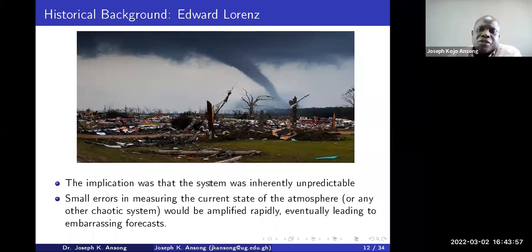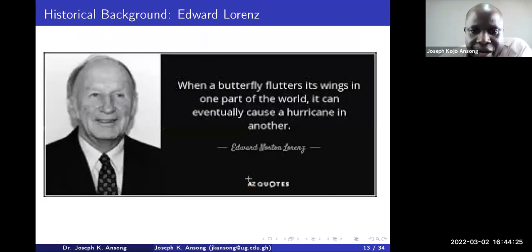Well, the implication of all of that was that the system was inherently unpredictable, right? It's very difficult to predict, especially since he was looking at the weather. And so small errors in your measurements of the current state, you have the current state of the weather, you make measurements. If you make errors, you could have very embarrassing predictions because the system is chaotic and it's not a linear problem.